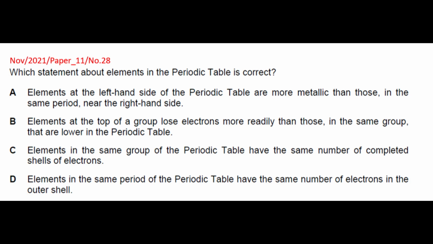Delta says elements in the same period of the periodic table have the same number of electrons in the outermost shell. So in the period, what happens? The number of shells remains the same, but the number of electrons does change. So that is not a correct option. The number of electrons in the valence shell increases by 1. So our correct option for this question is Alpha.